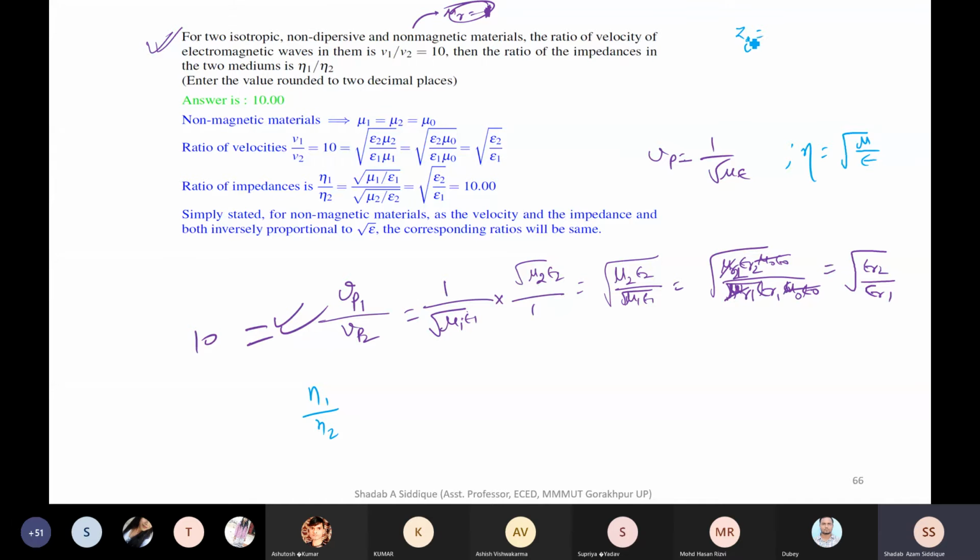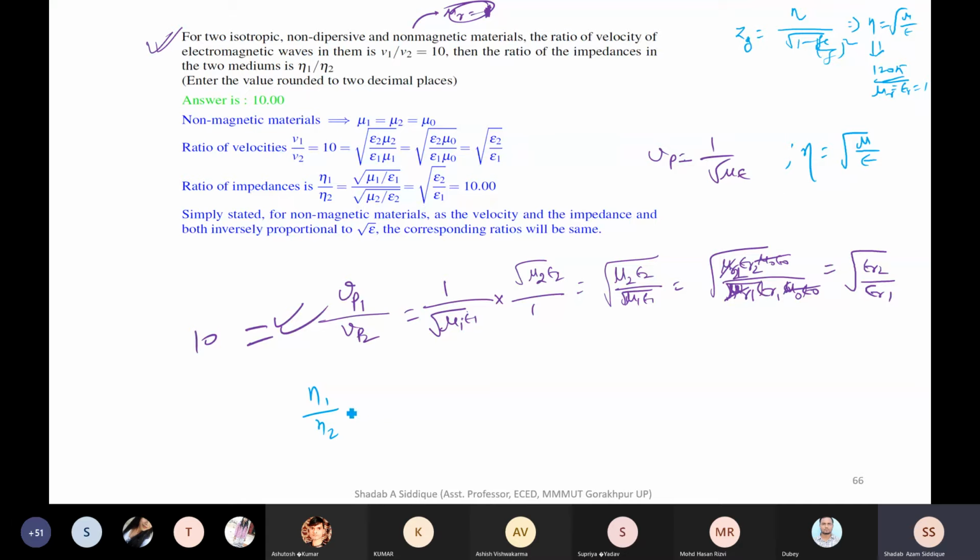The guided wave impedance ZZ was eta divided by square root of 1 minus (fc by f) whole square. And eta was the intrinsic impedance, which was square root of mu by epsilon, and for free space that is 120 pi, because mu r and epsilon r are equal to 1.